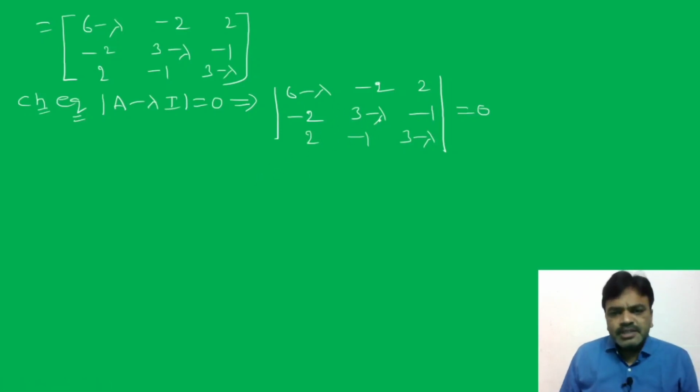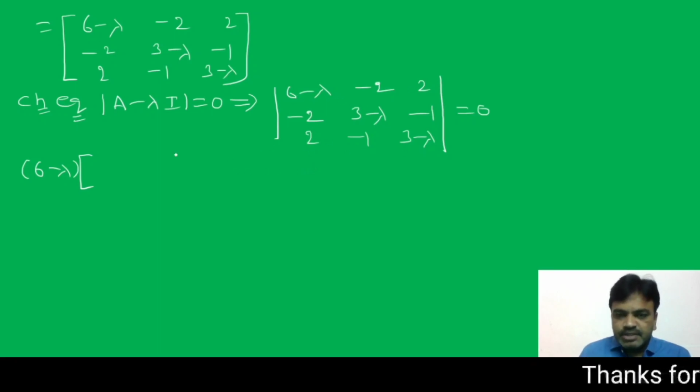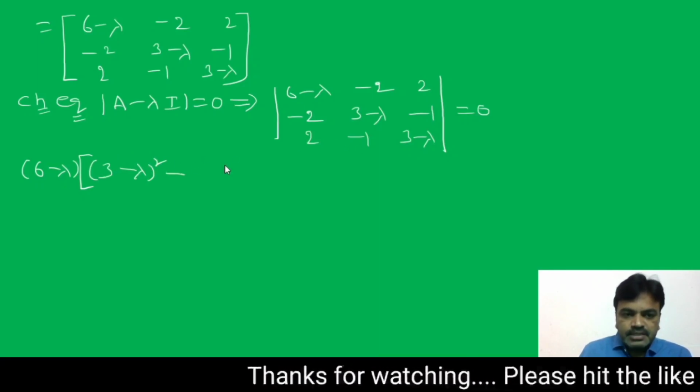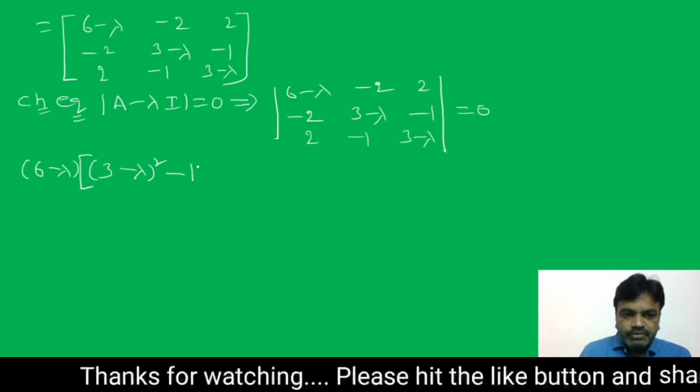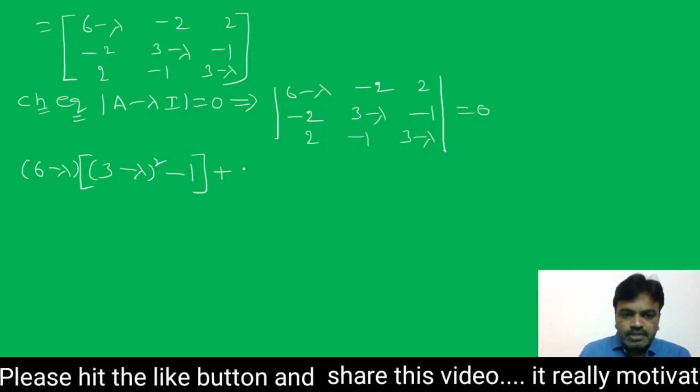Now, expand the determinant, friends. We get here (6 minus lambda) into, deleting the first row and first column, (3 minus lambda) into (3 minus lambda), that is (3 minus lambda) whole square, minus 1 into 1, that is 1. Then minus, we have minus 2 here, so minus into minus is plus 2.